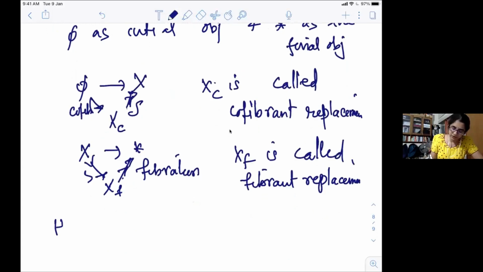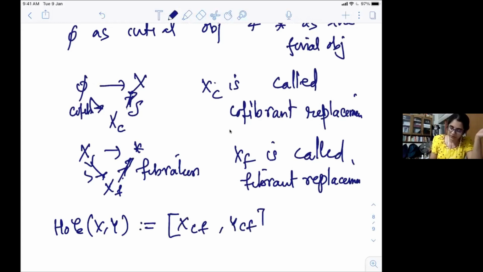If you recall, I said that in the homotopy category, the morphisms from X to Y, there is a notion of homotopy equivalence that we can define because you're allowed to define something called a cylinder object. So you're supposed to take a fibrant cofibrant replacement of something and then again a cofibrant replacement of something, and you take the homotopy classes of maps for them.